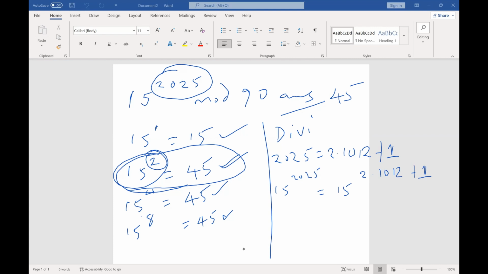Because that is the same thing. And this is the same as 15 raised to 2, then raised to 1012, multiplied by 15 raised to 1.